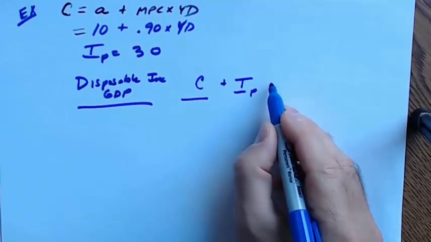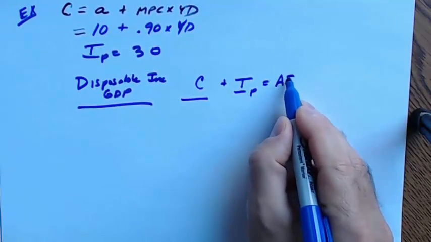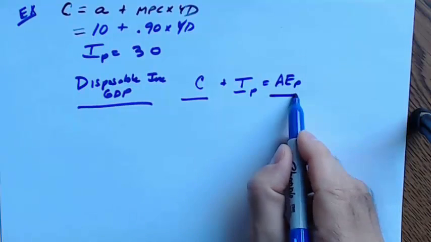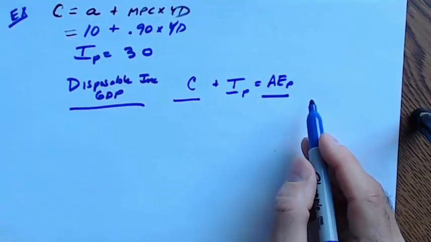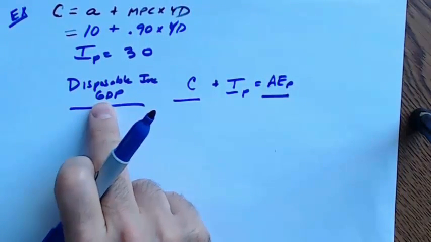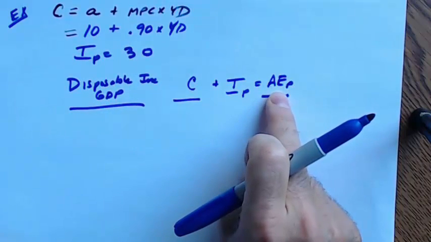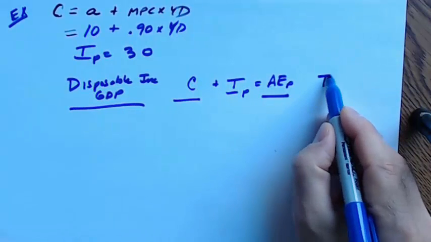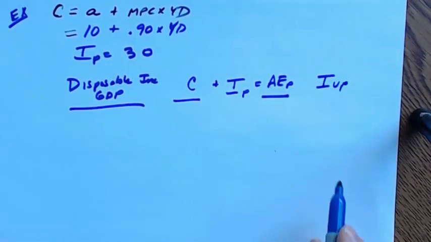And consumption plus planned investment equals your planned aggregate expenditures. Okay? And then our difference between what we're producing and what we plan to spend is going to be IUP, our unplanned inventory. So let me show you.